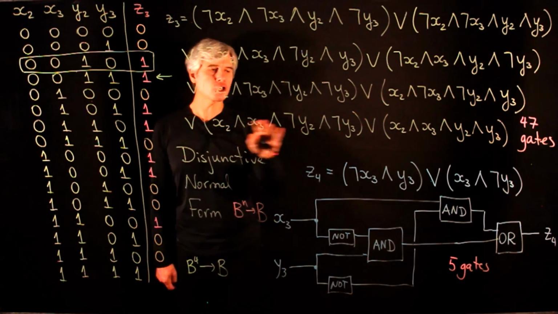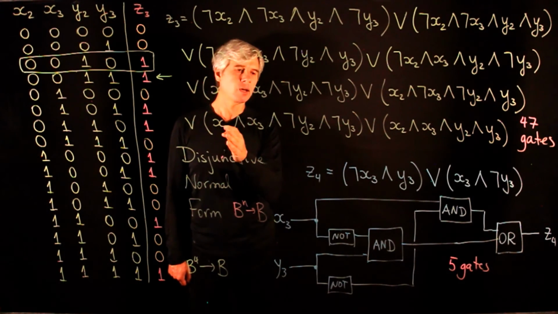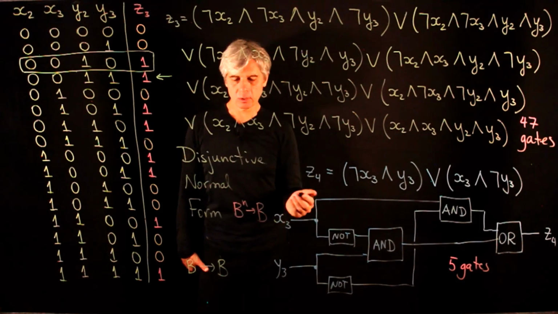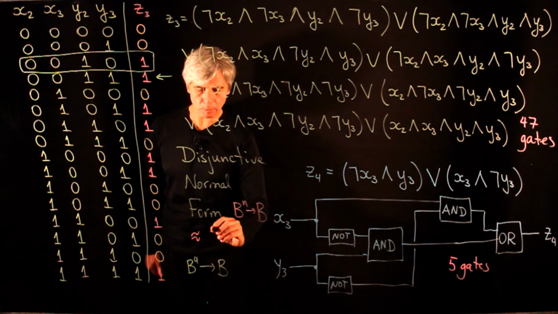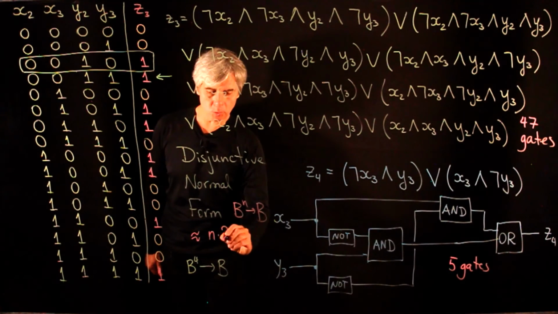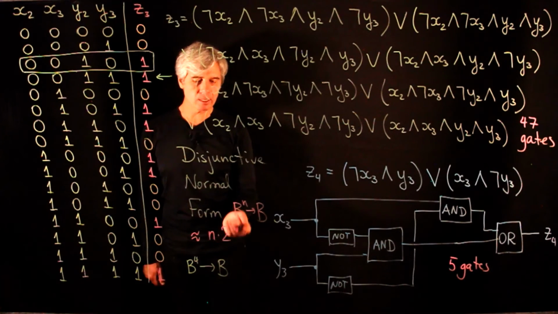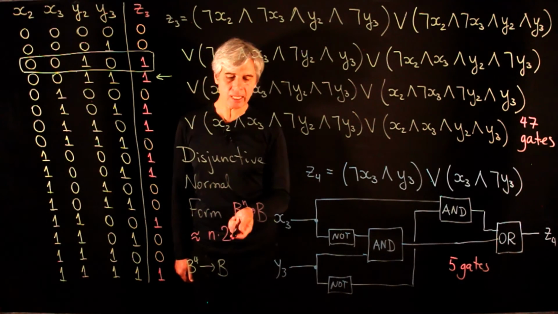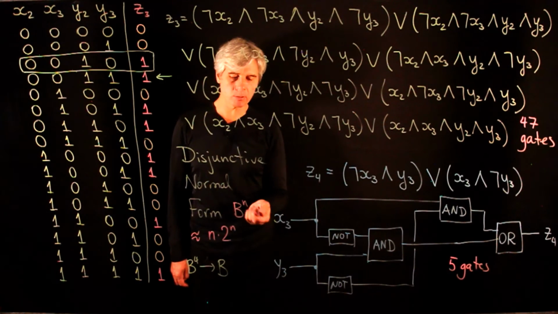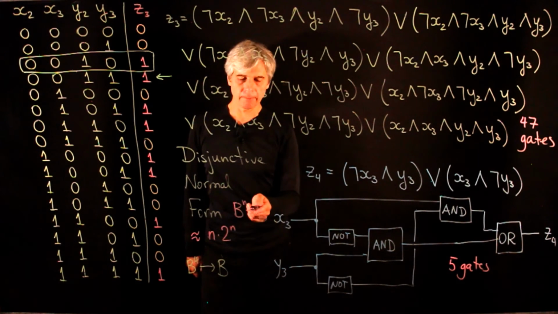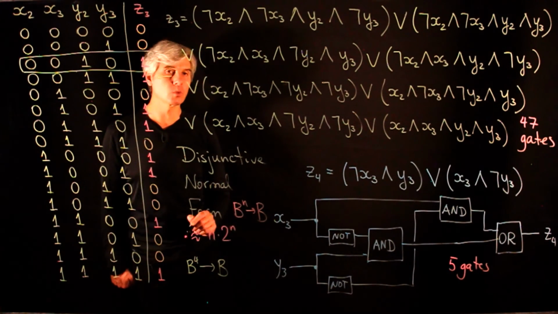And each conjunction has n terms. So roughly, the complexity of a disjunctive normal form is n times 2 to the power n. This is how many elementary logical gates we need to use to represent an arbitrary function on n bits using disjunctive normal form.